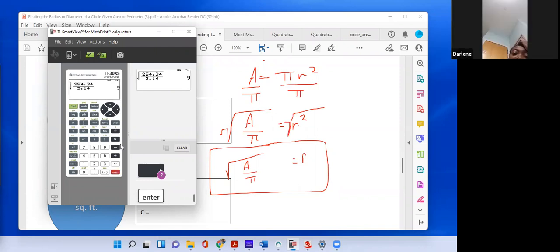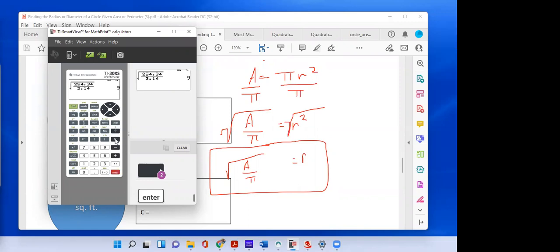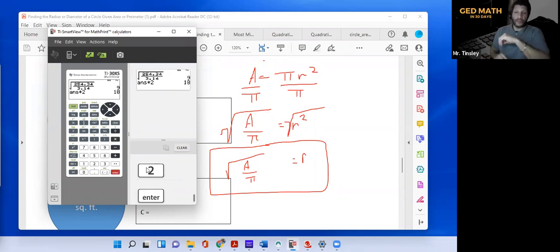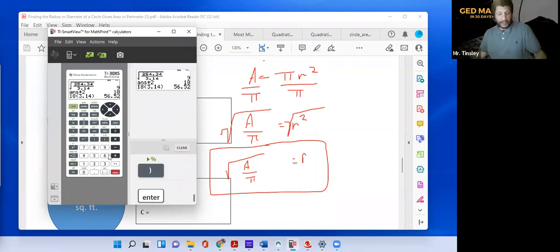I multiply it by 2. So my diameter is 18. If they wanted to find the circumference, I'm multiplying that by 3.14. Quick, easy. It's almost a guaranteed problem in your exam.